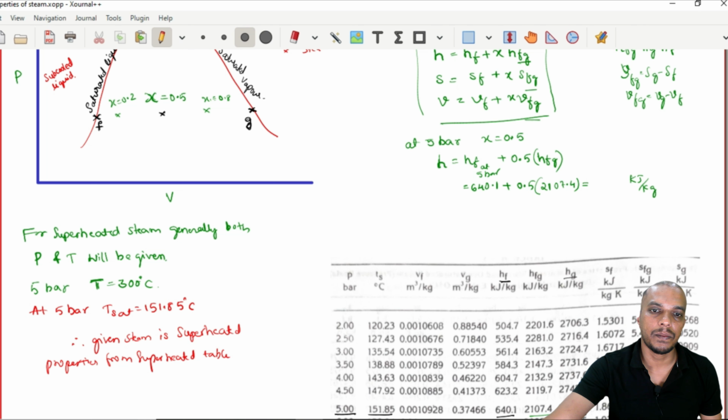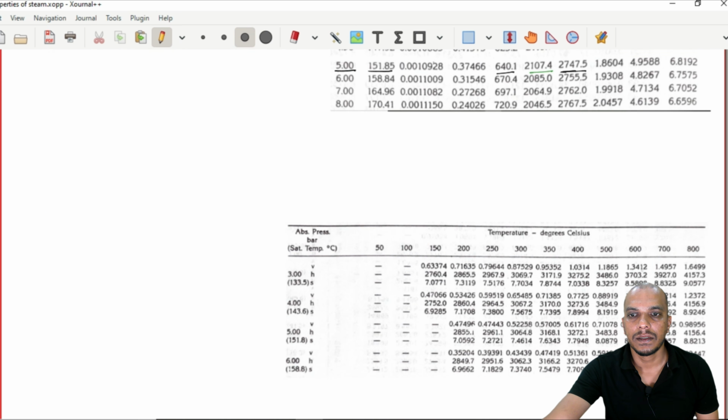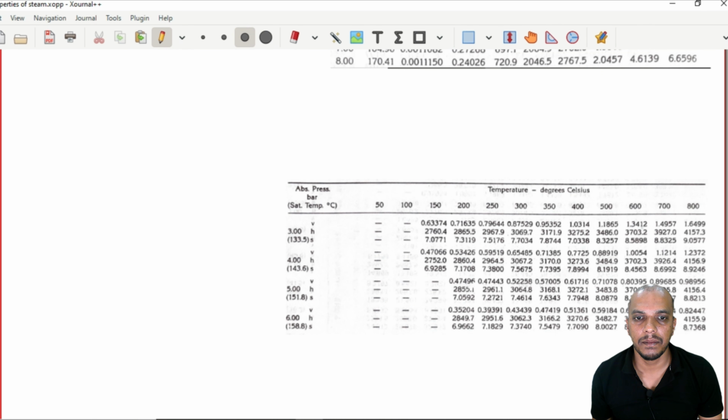Now, I will go to the superheated table. For example, I have taken the absolute pressure in bar, and the saturation temperature is also given here, in bracket, 151.8. Now, there is specific volume, there is enthalpy and there is entropy. And you can see that this is the temperature at which we can note down these properties.